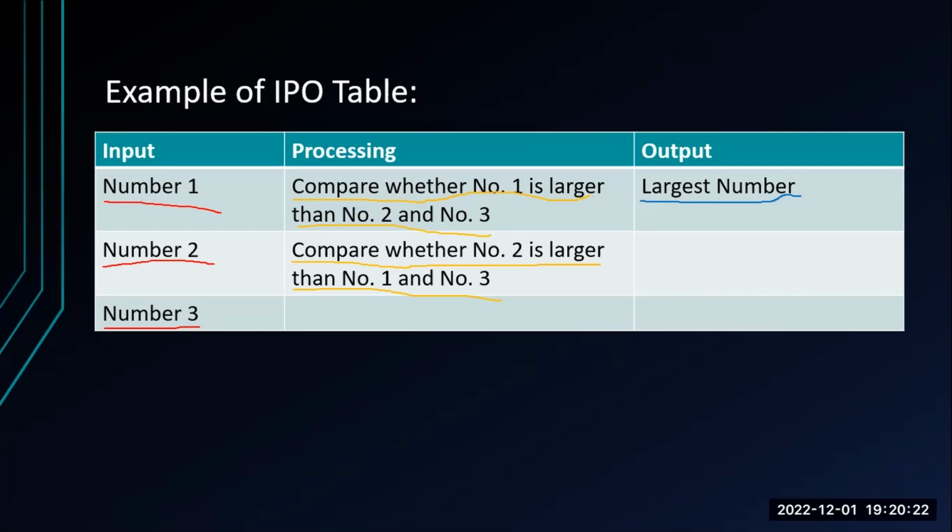And then next, compare whether number two is larger than number one or three. So you're comparing each number to the rest. And then when you get down to number three, after having already done number one and two, there's no need. So if one and two aren't larger, then you can just return three. And then, of course, the output would be the largest number out of these three here.